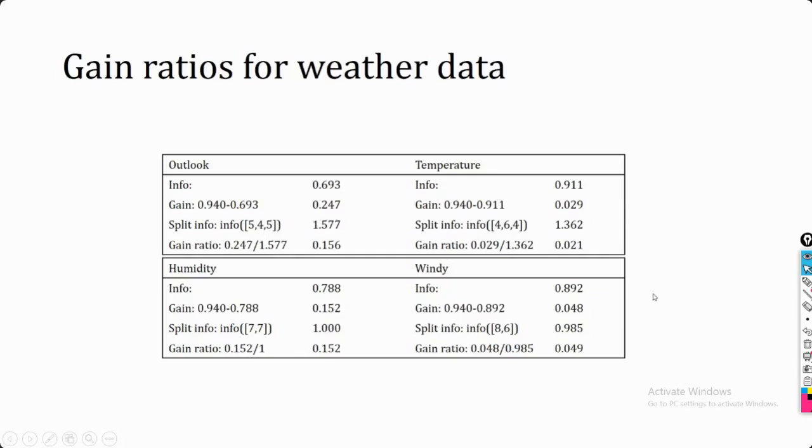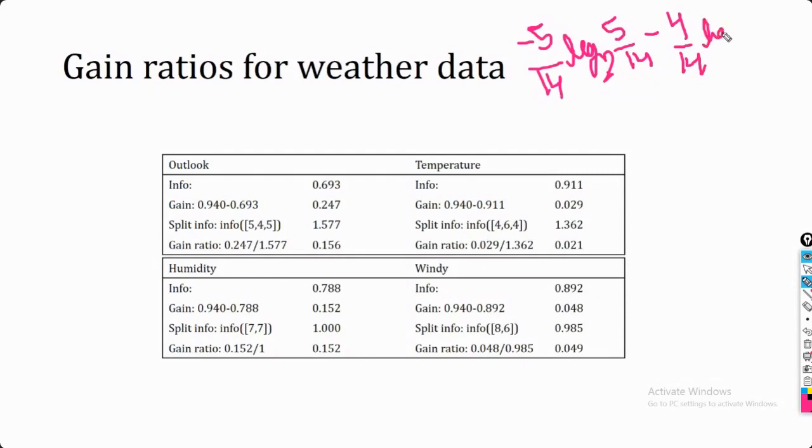Simply here I'm going to write how it's going to look, and you can do the calculation. It's going to be minus 5 out of 14 log base 2 of 5 divided by 14, next, minus 4 divided by 14 log base 2 of 4 divided by 14, next, minus 5 divided by 14 log base 2 of 5 divided by 14.